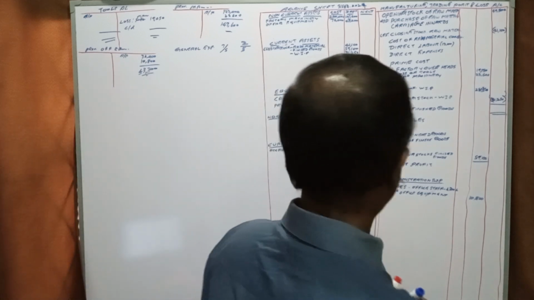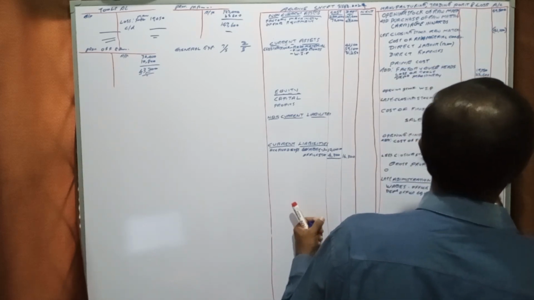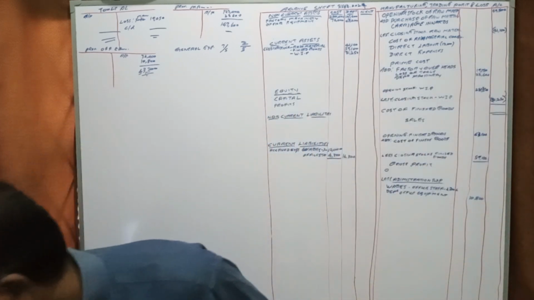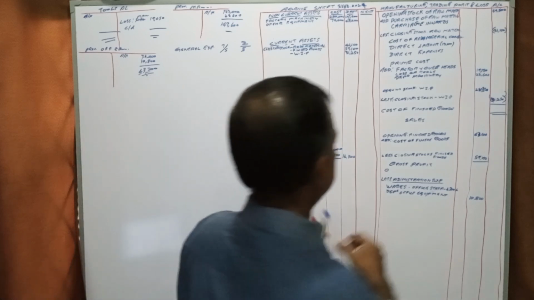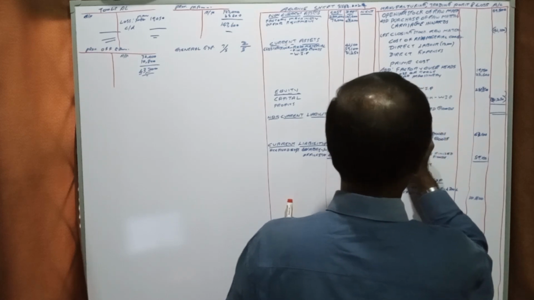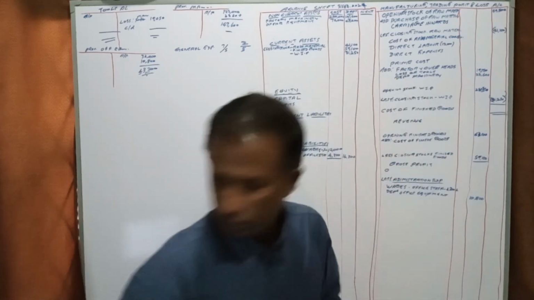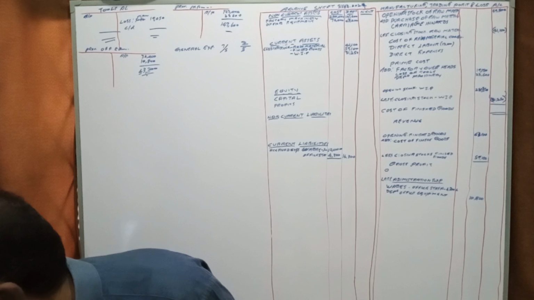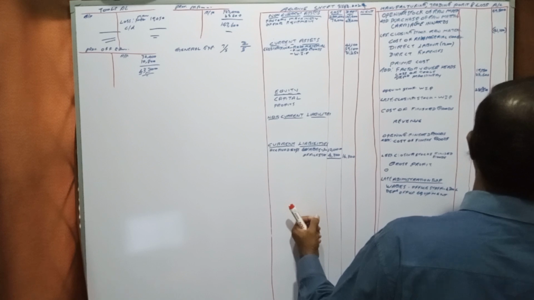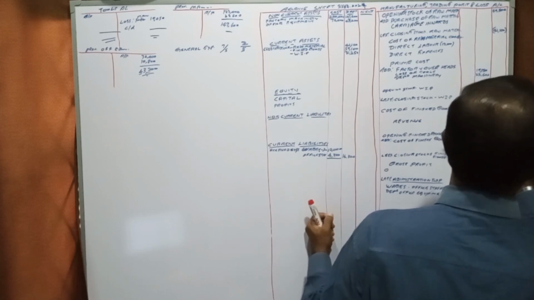Finished goods, 63,100, opening finished goods. Revenue, that is sales, or we can say revenue, 1,246,850.